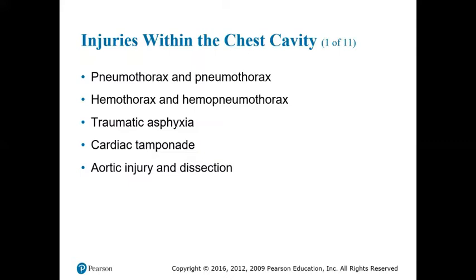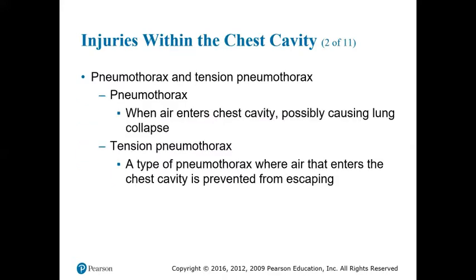Okay, hemo being blood. Hemopneumo means blood and air. Okay, traumatic asphyxia. We have cardiac tamponade and aortic injuries and dissections. I know we'll talk about that more when we get to the abdominal injury section, what the aortic injury is. But yeah, we'll talk about all 4 of those things.